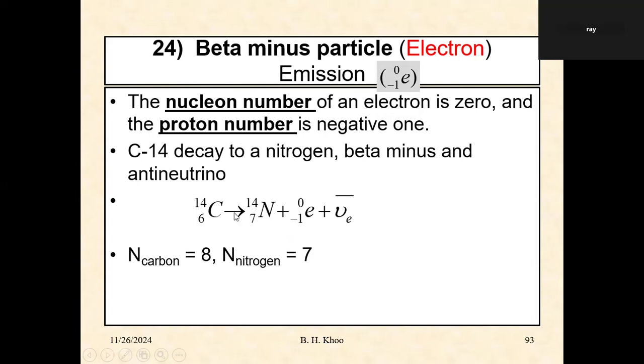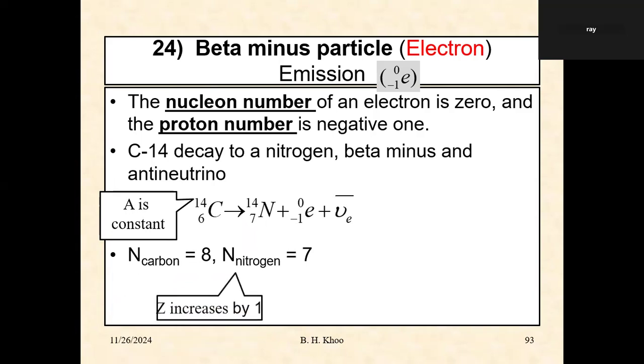And we can see that for carbon, N is 14 minus 6 is 8. Whereas for nitrogen, N is 14 minus 7 is 7. A is constant. So we can see that the neutron number decreases from 8 to 7, whereas Z increases from 6 to 7.